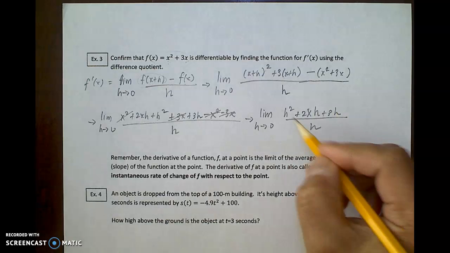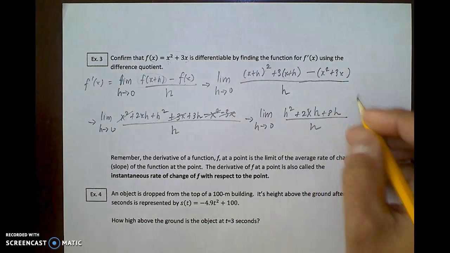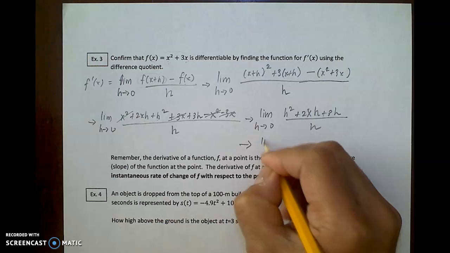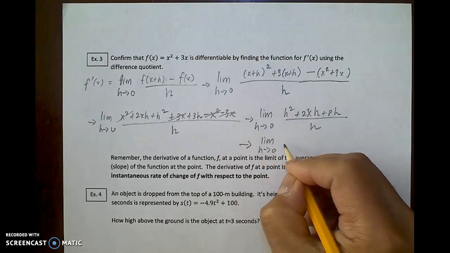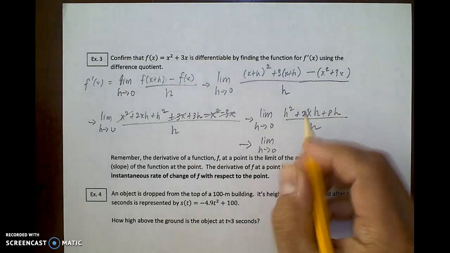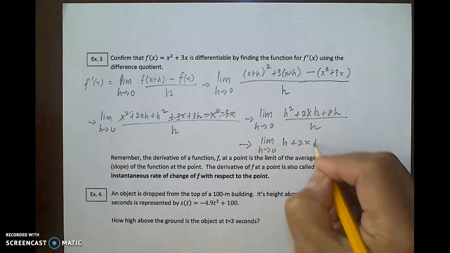Alright, so I can simplify this. These all have a common factor of h, so that's going to cancel with this h in the denominator. So now I have h plus 2x plus 3.